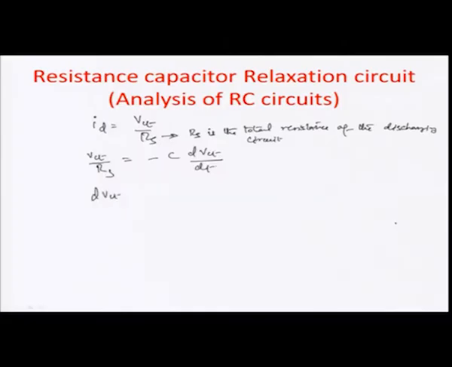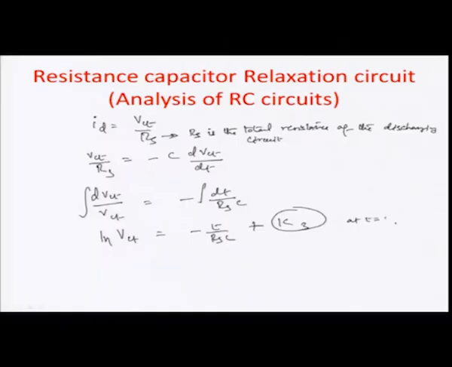So, dVCT by VCT is actually equal to minus dt by RSC. Integrating both sides in time, we get natural log of VCT equals minus t by RSC plus an integration constant, which we call K3. So, let us find out what this K3 is.